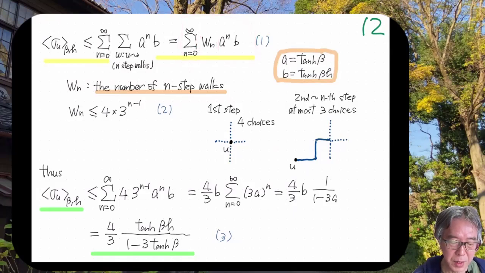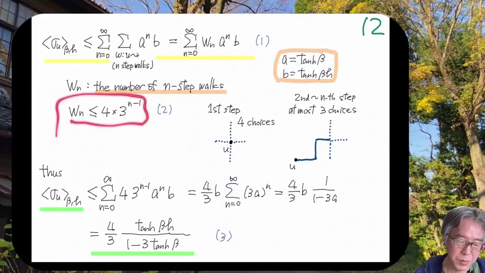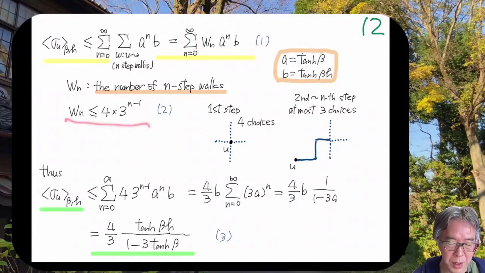And I claim that this W is upper bounded. It's not an easy task to evaluate this Wn exactly. It's a difficult problem, but it's kind of easy to prove a reasonable upper bound for Wn, and it's given by this: 4 times 3 to the power n minus 1.